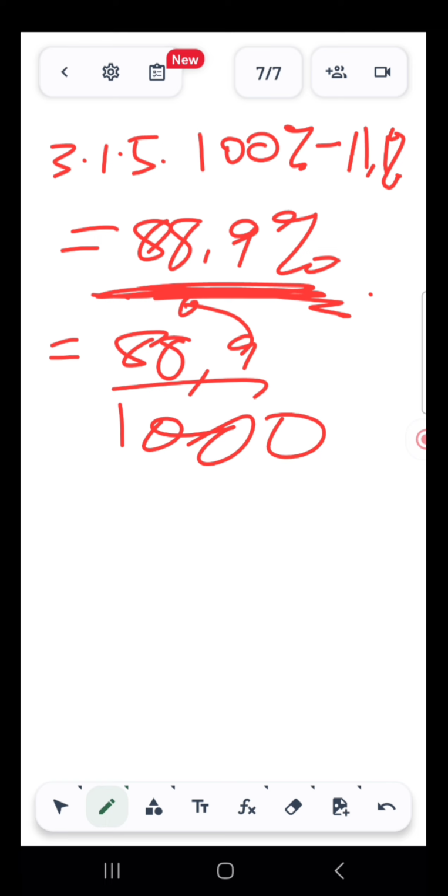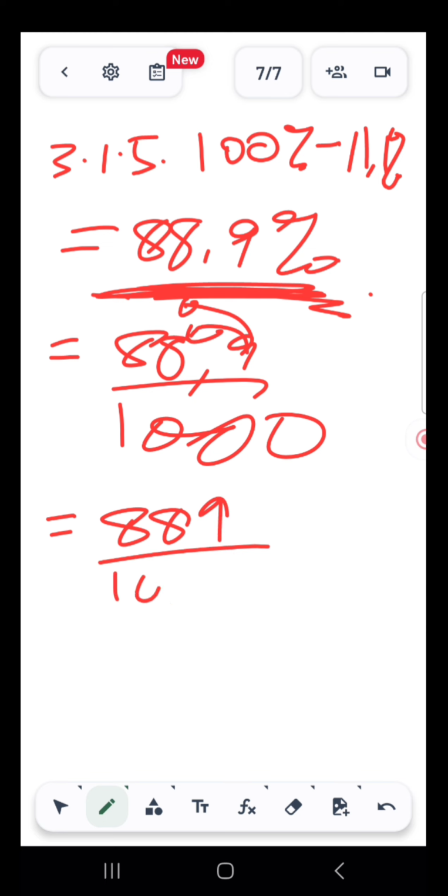Right? Remember that in grade 10 you did this thing of adding zeros. So when we add a 0, our final answer is 889 over 1000. On your casual calculator, you just press the second function and then it will generate the answer in fraction form.